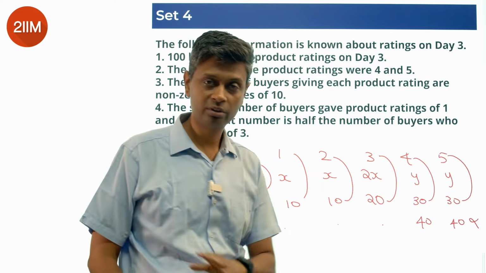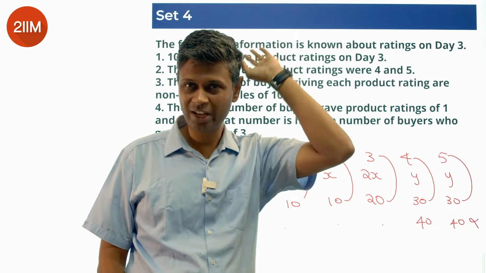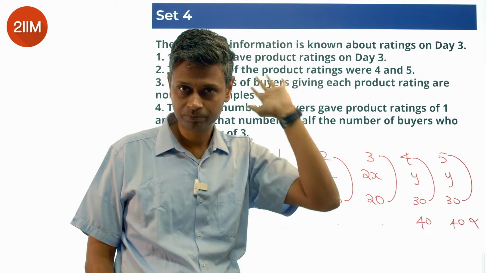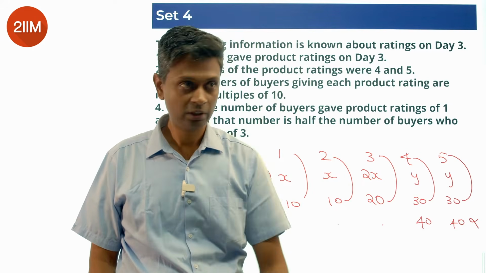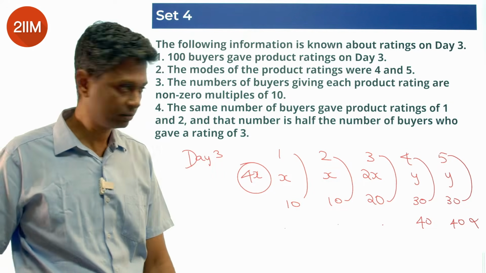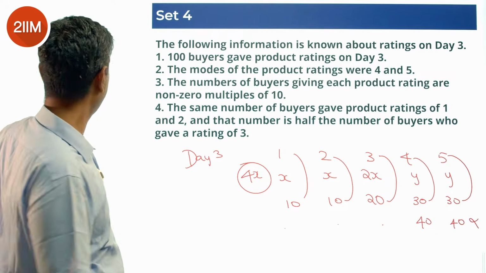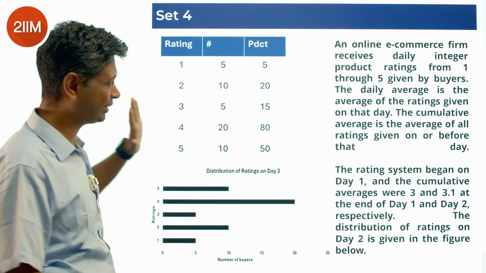Twice this is this, these two are equal, done, true. So day 3 data we know completely: how many people gave what ratings. Brilliant. Now we can find the average for day 3, cumulative, and so on.